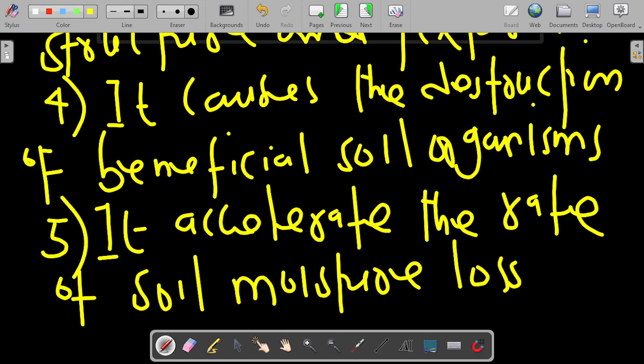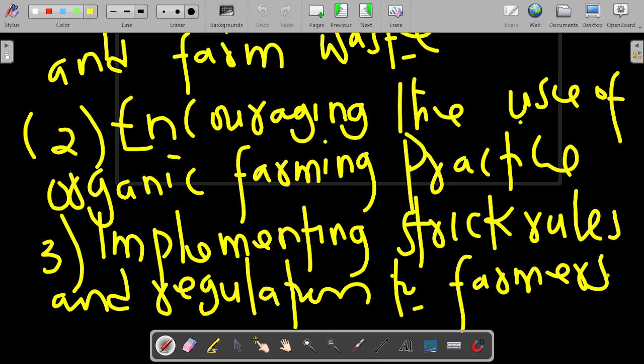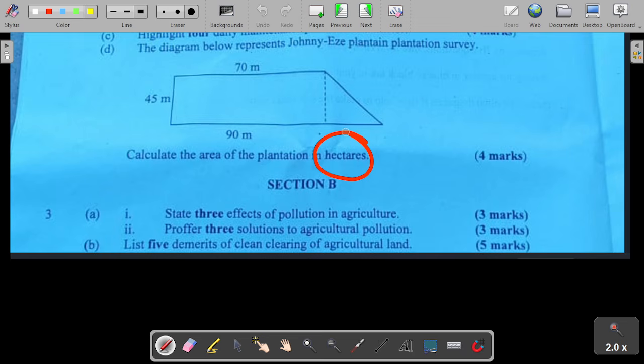Okay, that is question 3B. So let's look at 3C and question 4.